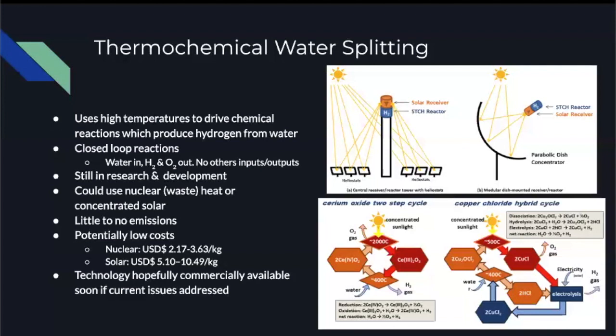Researchers of thermochemical water splitting have posited that the heat could come from concentrated solar power or from the waste heat of nuclear power reactions. Heat from nuclear power plants is obvious, but shown on top to the right here, concentrated solar power is shown first using heliostats on the left and second using dish mirrors on the right there.